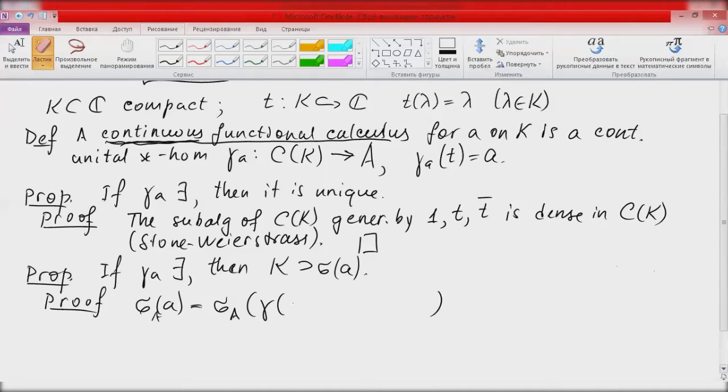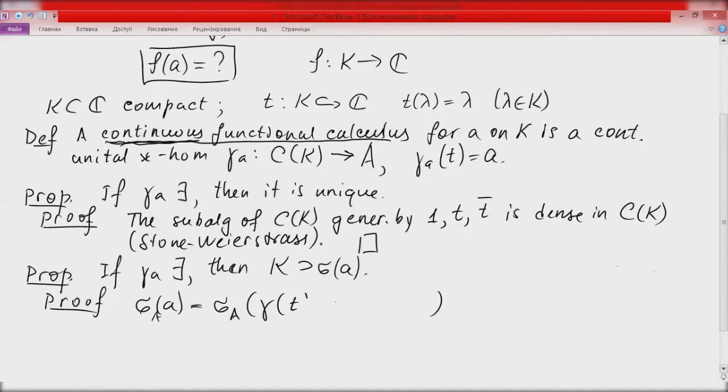So a is gamma of t, and this is necessarily contained in the spectrum of t in C(K). And the spectrum of a continuous function is the set of values taken by this function. So this is t of K, which is just K. So we see that sigma of a is contained in K. And this completes the proof.